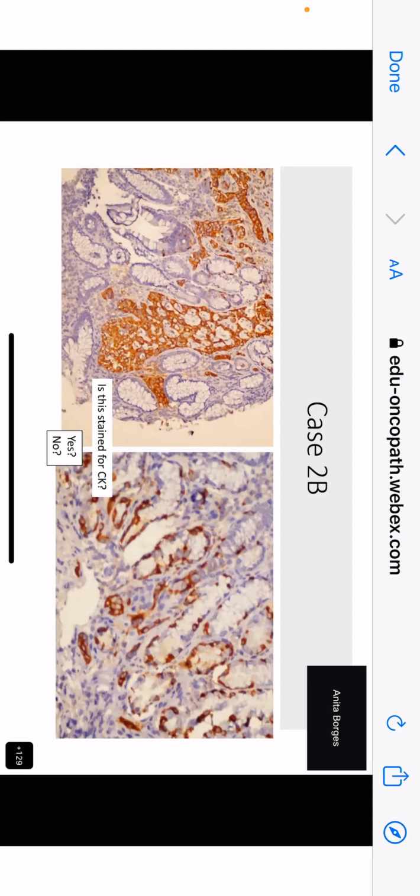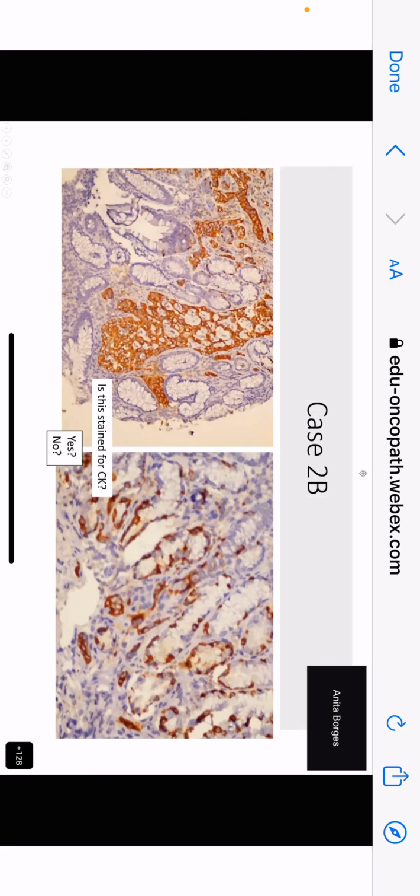No, ma'am. Oh, really? No, that's not the reason. Vimy, why is this not a cytokeratin immunostain? Ma'am, the normal epithelium has not taken up the stain. Absolutely right. This is not a cytokeratin stain because you have so much epithelium.